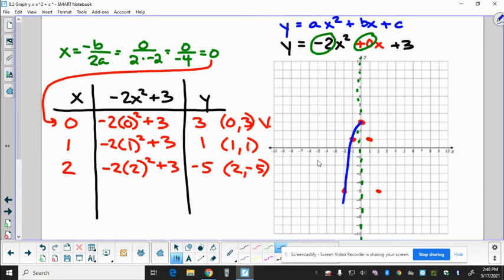Draw your parabola in there, and you can see it's starting to make sense when I look at these equations. That negative flipped it upside down and it moved up 3. Very interesting. Let's try another.